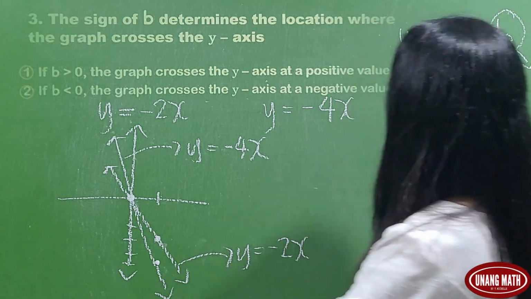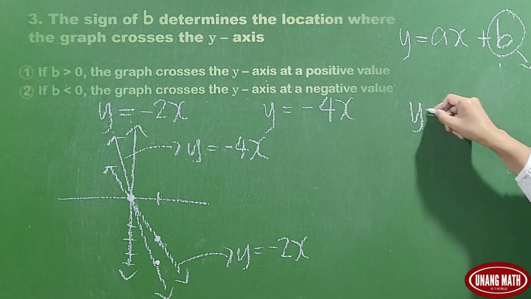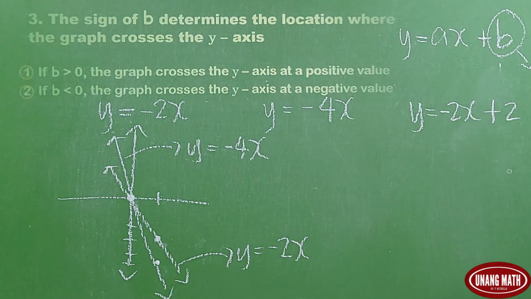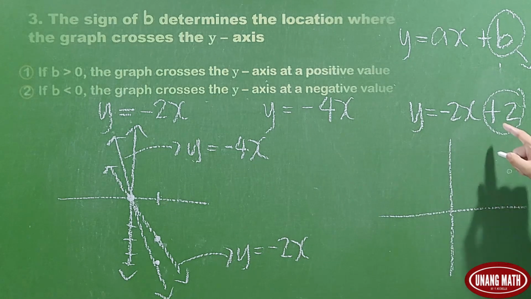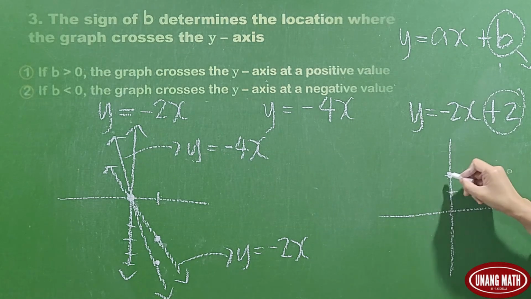Okay, let's give a specific example. We have here y is equal to negative 2x plus 2. So the y-intercept, or the value of y, is a positive number. If we are going to find this point, it would be this point.